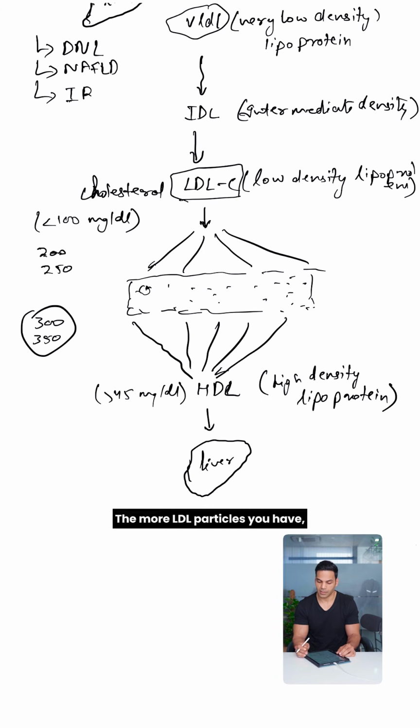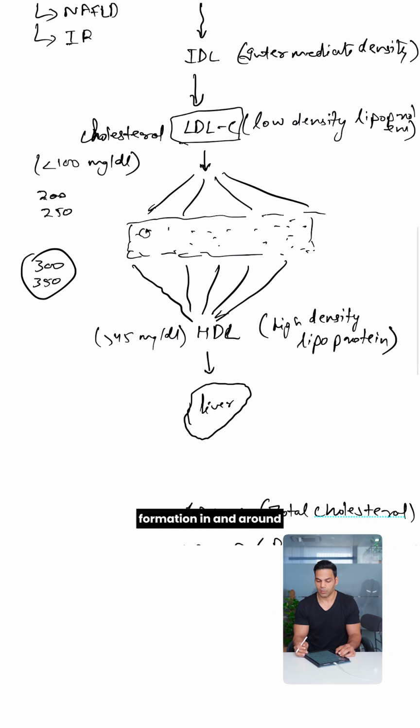The more LDL particles you have, the more cholesterol you have in the bloodstream, the higher the chances of LDL getting oxidized in your arteries. And what happens if one of those arteries happens to be close to your heart, right? So it can result in plaque formation in and around the arteries of your heart, which can clog your heart, cause high blood pressure, could lead to atherosclerosis, and eventually heart attacks.